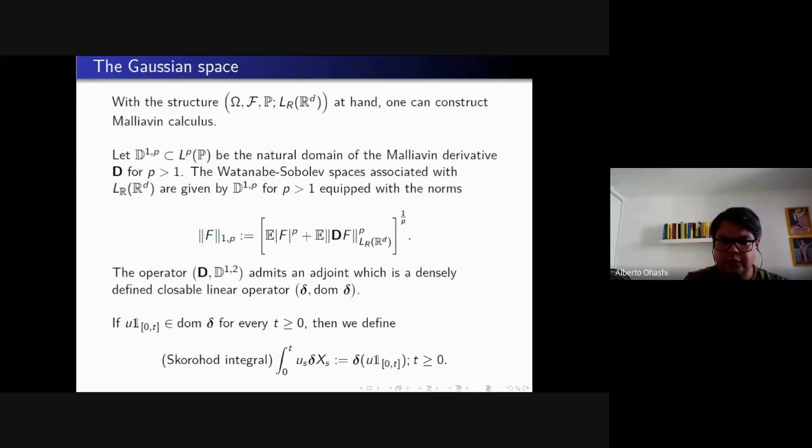I don't want to enter into details because this is classical notation. And the Skorohod integral I will define as the action of the adjoint of the Malliavin derivative applied to a process U times the indicator function.